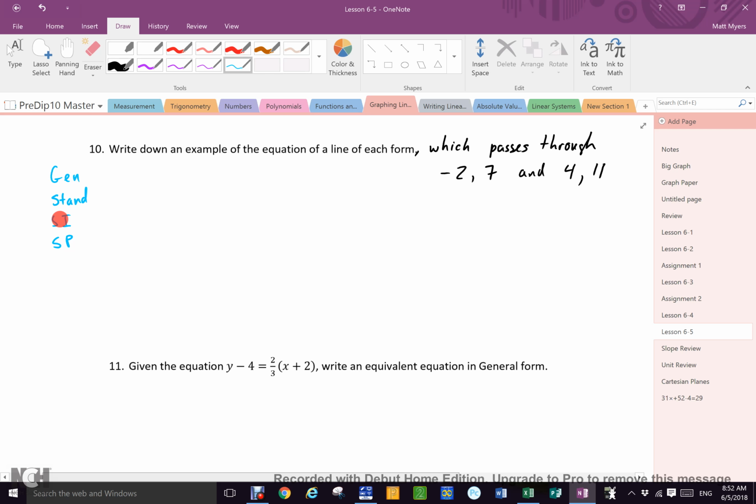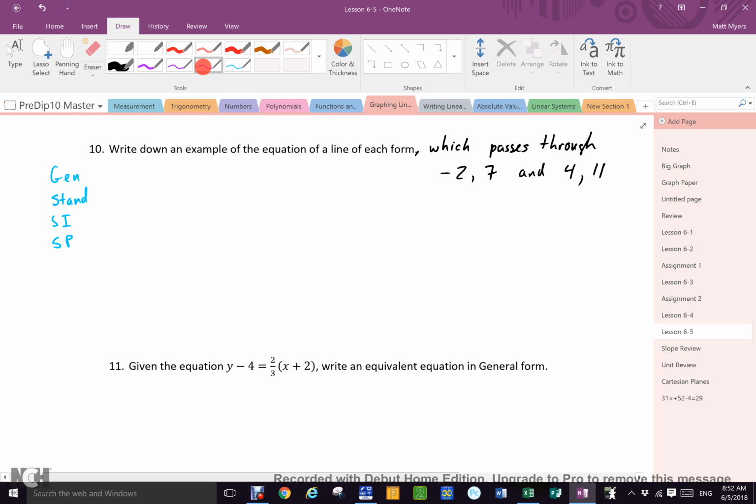Are we good? How many people started with general form? Oh, good. How many people started with standard form? Even better. How many people started with either slope-intercept or slope point? Yay! Does it matter which one you start with?